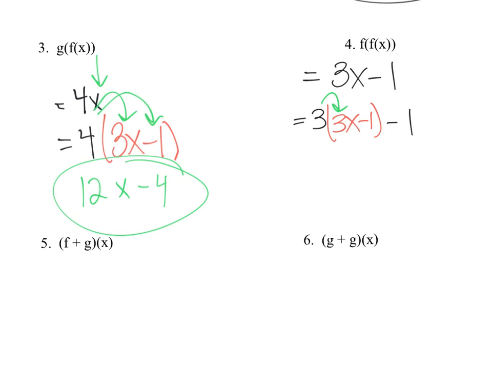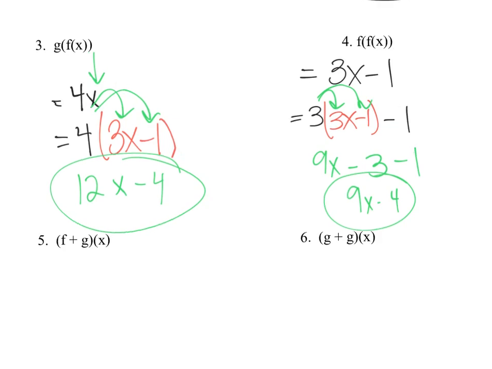What's 3 times 3x? 3 times negative 1. Huh? What's my answer? Austin, you raise your hand. No. Okay, so what's the answer? 9x minus 4. Good. Remember, those x's have to go away. We cannot leave them there, okay?